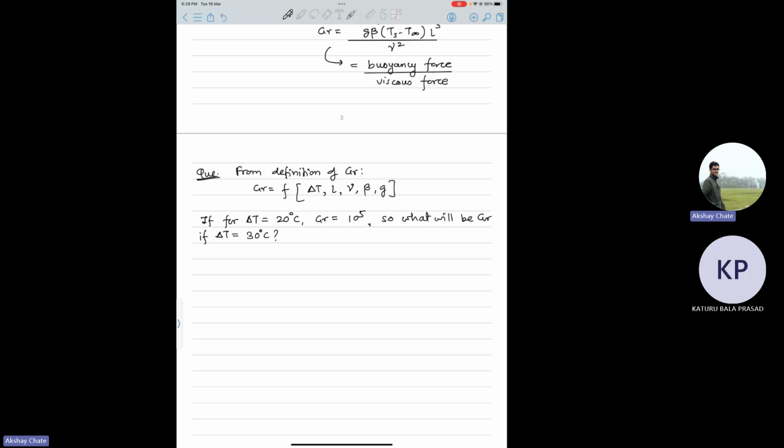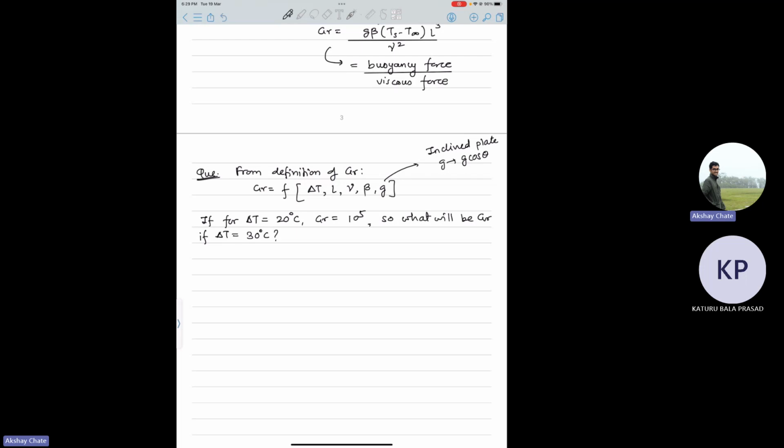What I'm implying is that I'll change one parameter and ask what the effect is on the Grashof number. Similarly, if I put the vertical plate horizontal or inclined, what happens? In the inclined case, g changes to g cos theta, because your gravity along the surface of the plate is g cos theta.